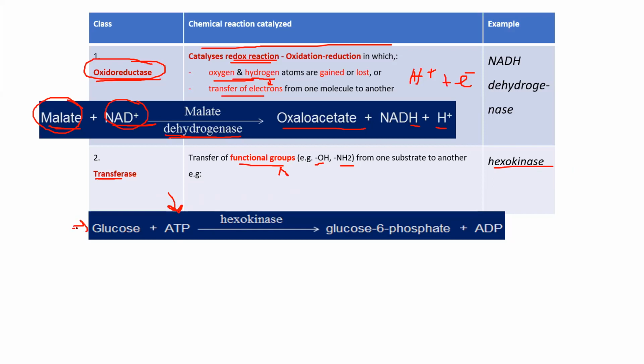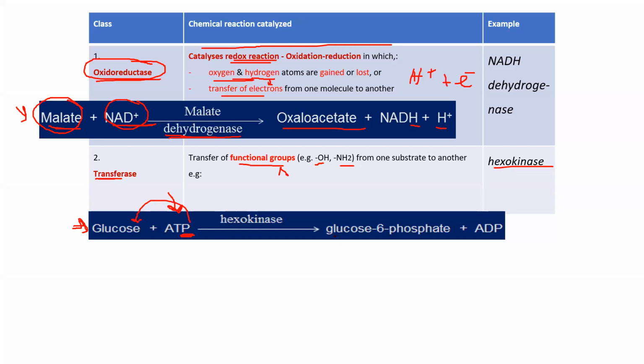This is a reaction that you will see in chapter 5 many times. It is also a reaction involved in cellular respiration. Dua-dua reaction ni adalah reaction yang awak akan familiar bila kita tengok chapter 5 nanti. So hexokinase, what is the function of hexokinase? It is to remove one phosphate group from ATP, and the phosphate will be given to glucose.